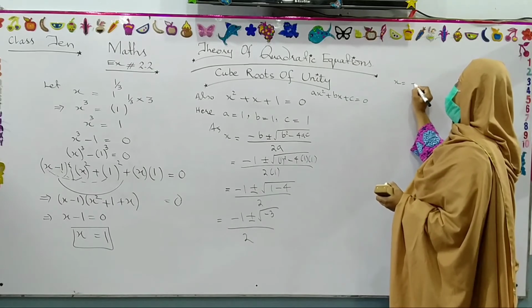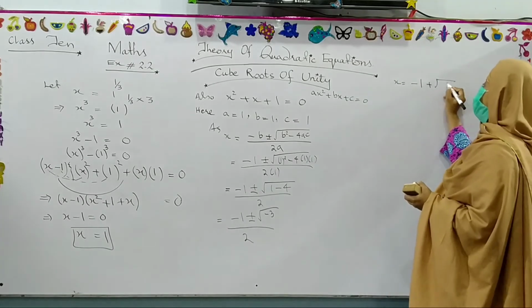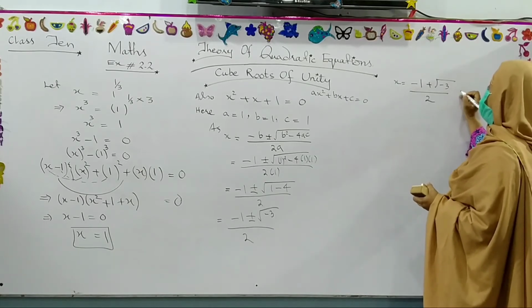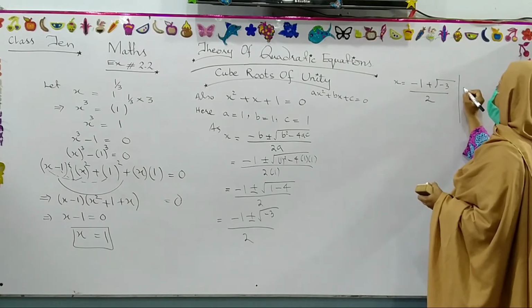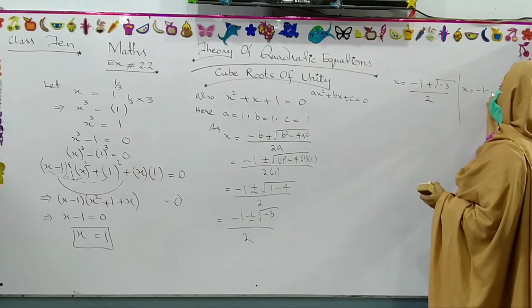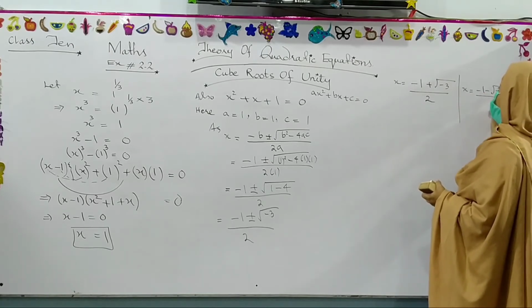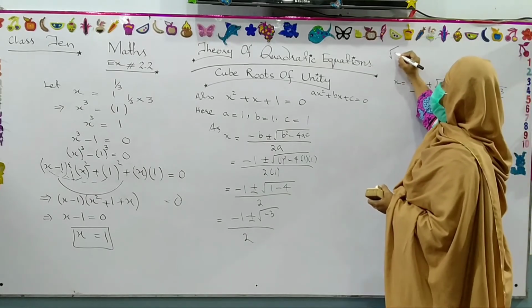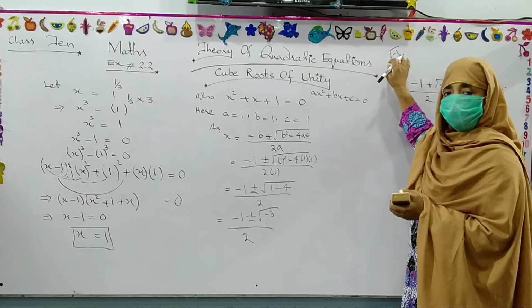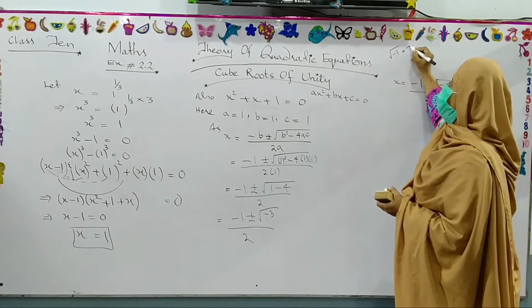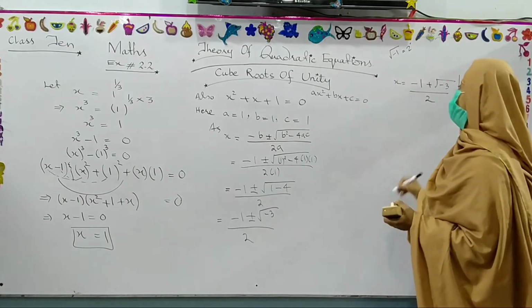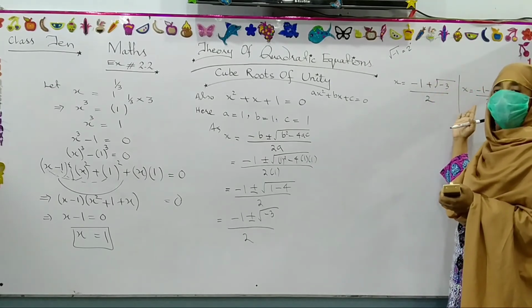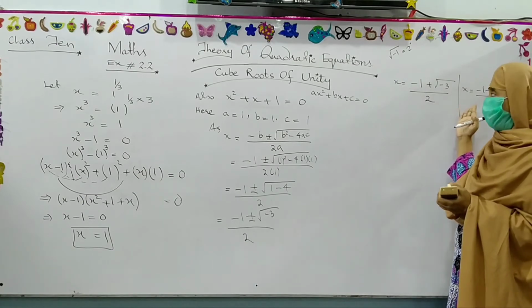So x is equal to, one time I will write with plus sign, and second time I will write with minus sign. You know what is square root of minus 1? It is a complex number and it is equal to iota. It means roots are not real, they are imaginary.